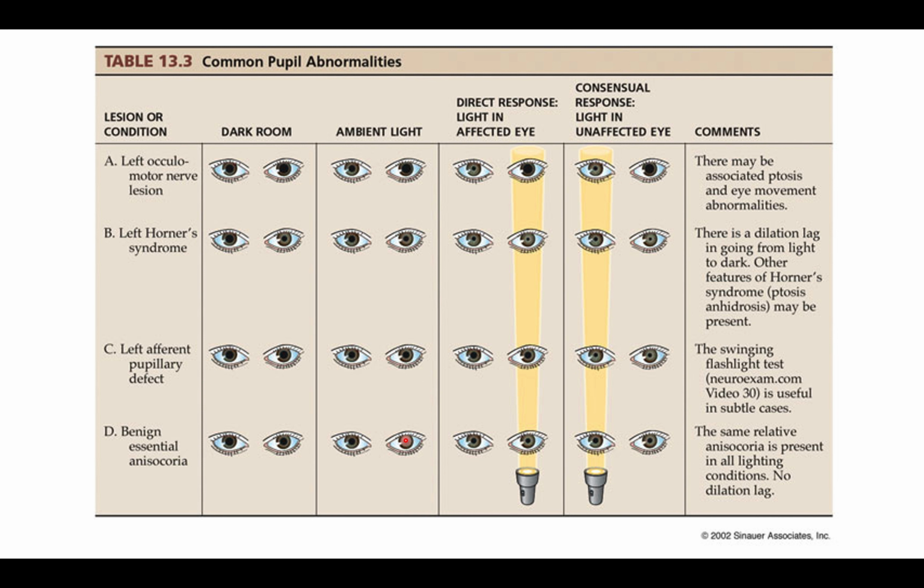It is fixed because it is not affected by the light. When we shone the light on it, it is the same, even when we shone the light in the unaffected eye.